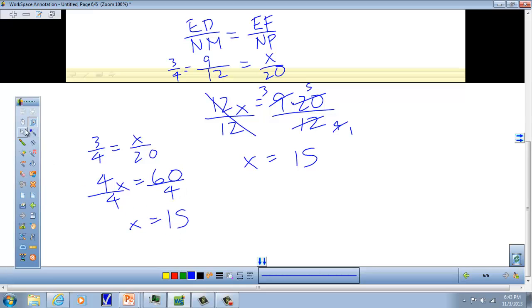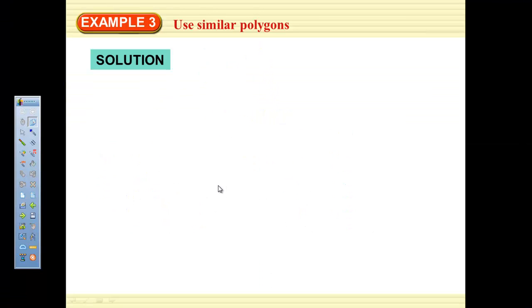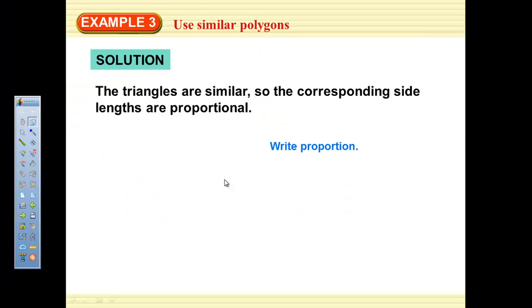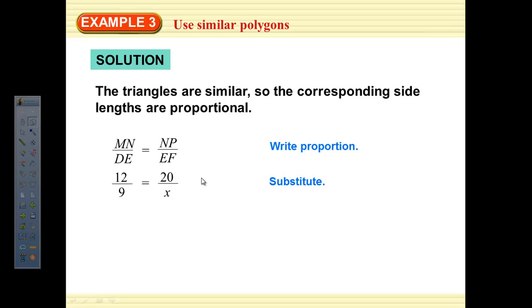So either way would be a good way to solve it. They did 12 over 9 and X over 20. So they did the reciprocals on both sides, but we get the same answer. Cross multiplying, we get 12X equals 180, and X equals 15.